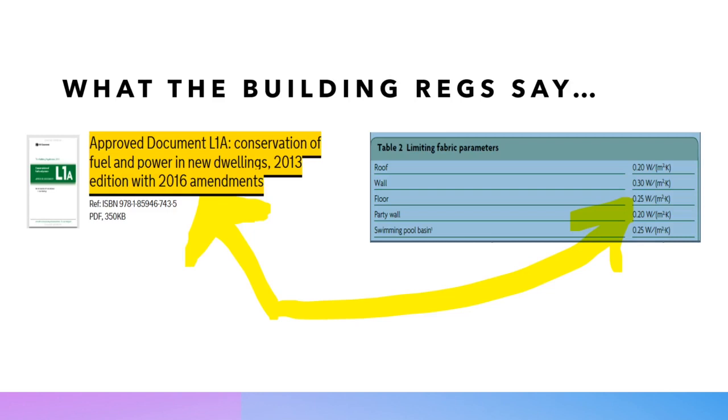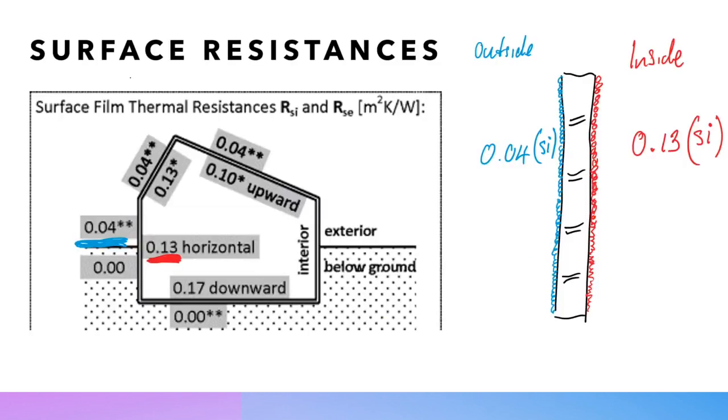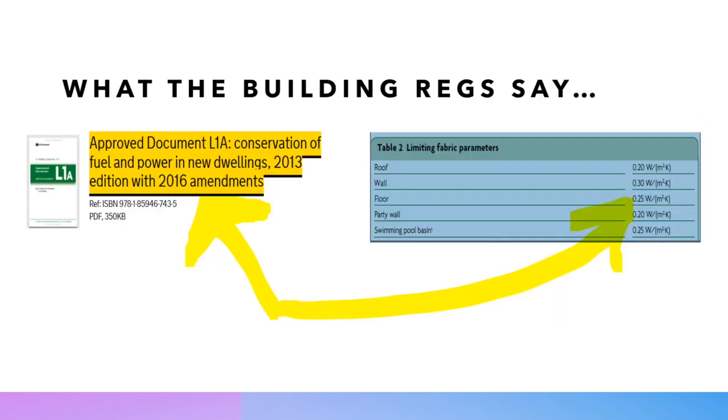Now, what you can see over here on the right hand side is we're going to look at a wall. Let's go back a minute. Let's get my pen. So we're looking at a wall, and the building regs state that the maximum permissible allowance for energy in the form of watts is 0.3 watts per square meter Kelvin.